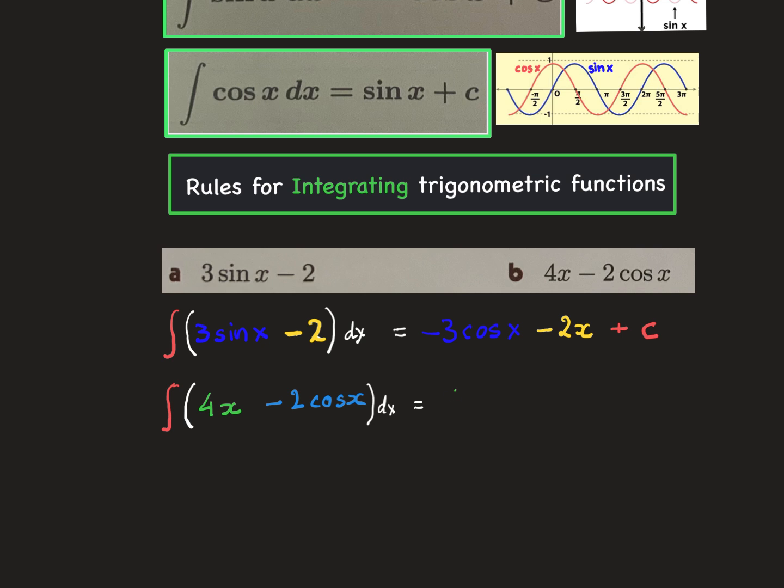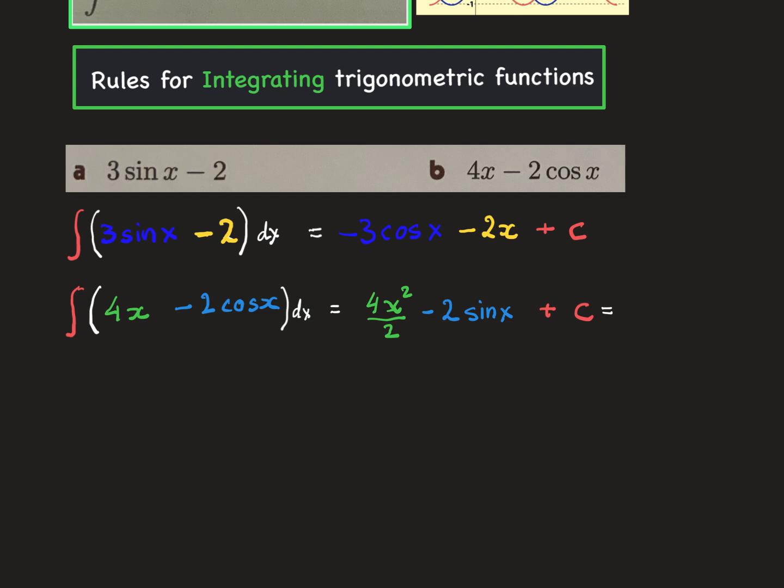Integrating 4x becomes 4x squared on 2, and then integrating minus 2 cos x is just sine x, so we will leave the minus 2 and just change the cos x into a sine x and follow this up by the constant of integration.